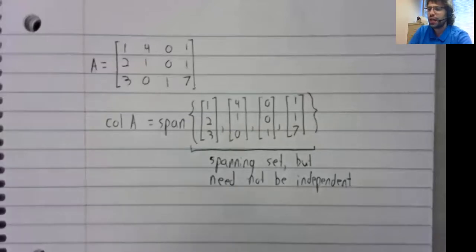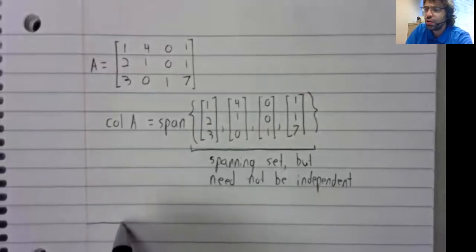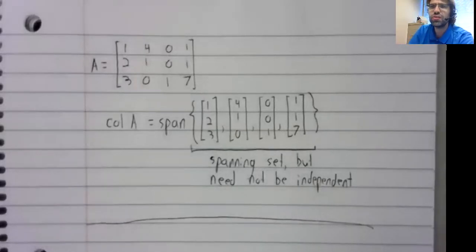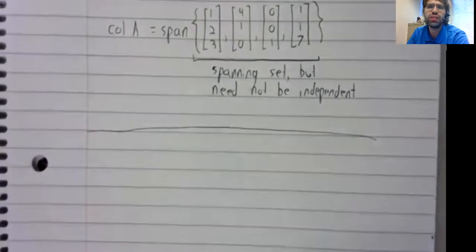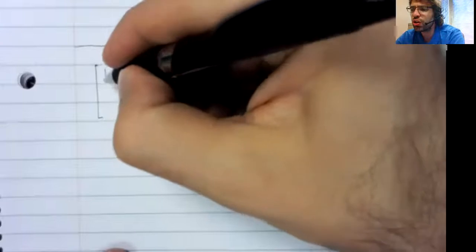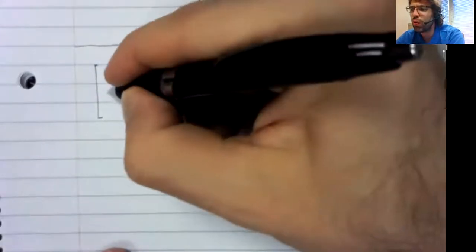So how do you deal with this? Suppose we were looking for the column space of a matrix, and that matrix was in reduced row echelon form.